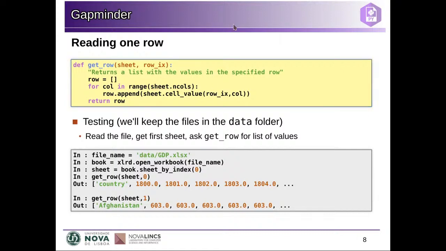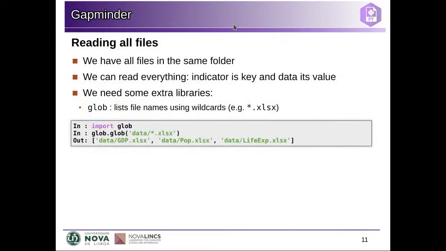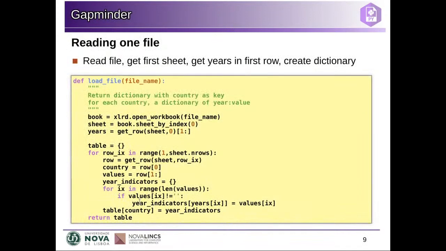So we check if we have any data in that cell. If that cell is not an empty string, then we insert into this new dictionary a key that corresponds to the year for this particular value, which is the year at the same index as the value we are seeing. And we associate with that key the value that we have read in this row.